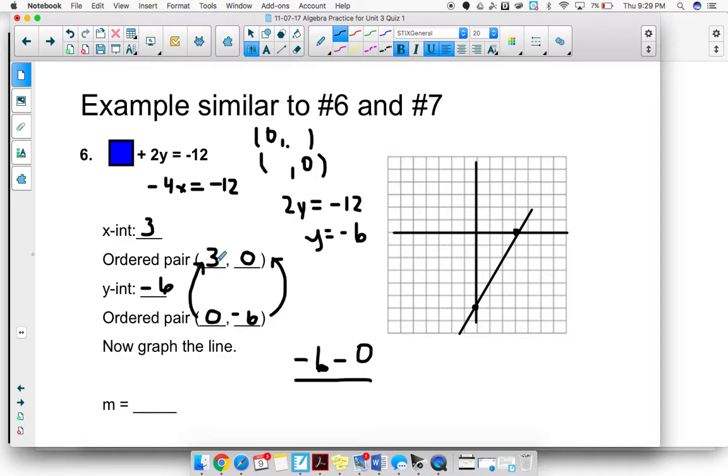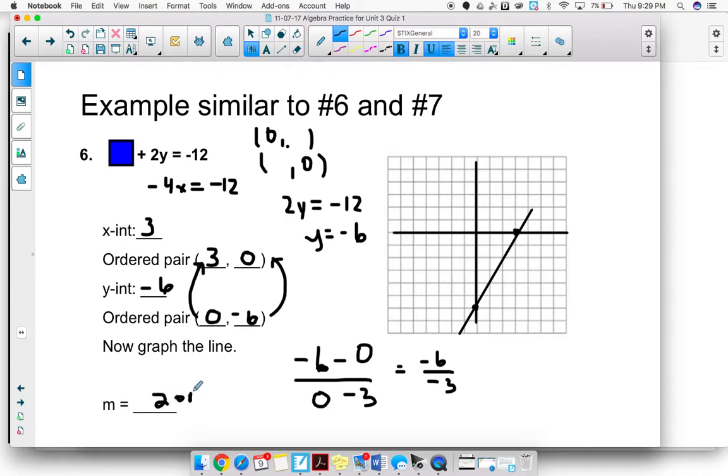I can't just take 3 minus 0. I started with negative 6, which comes from the second ordered pair. So I have to pick the number for the x value that comes from that same ordered pair to be recorded first. So I'm going to put my 0 down, minus 3. So we get negative 6 over negative 3, which reduces to positive 2.